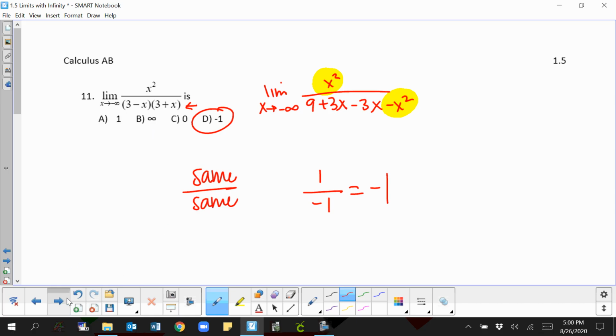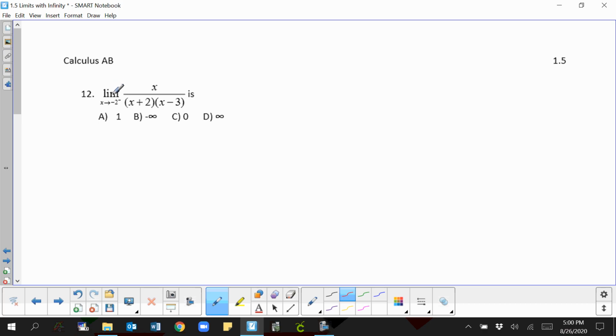And let's look at 12. So for number 12, we're looking at the limit as x approaches negative 2 from the negative side. So we're not going to use our horizontal asymptote rules because our limit is not going to infinity. So what we're going to do here is make our table like we have in past videos.